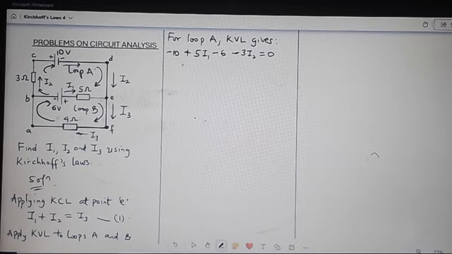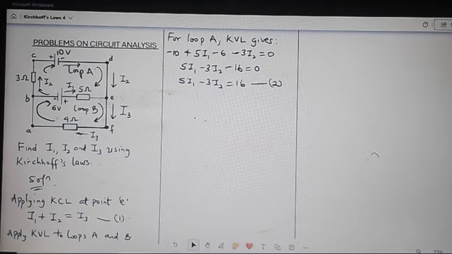So we rearrange to say 5I1 minus 3I2 minus 10 minus 6 is minus 16, equal to 0. So if we write this again, we have 5I1 minus 3I2 equal to 16. Let's call this one equation 2.